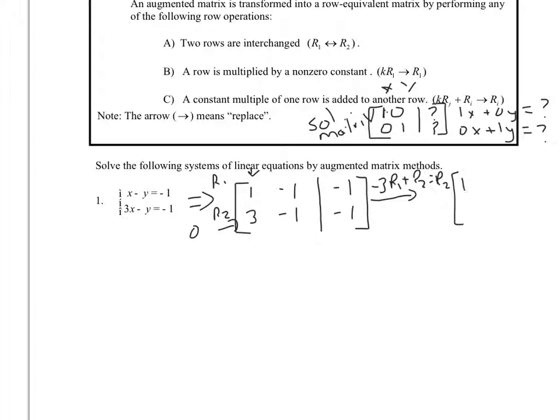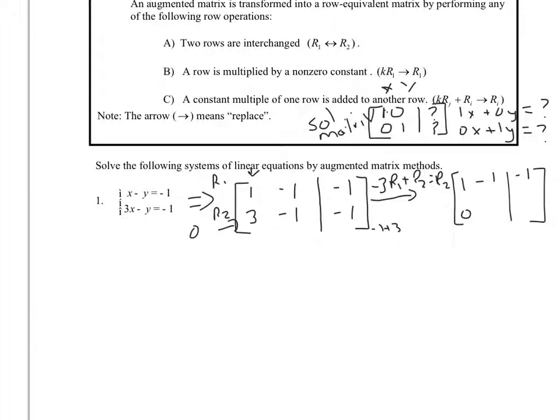Now, nothing's going to change on my top row. But on my bottom row, if I multiply -3 times 1 on the top, that gives me -3 plus 3, which is where 0 will come from. Okay?